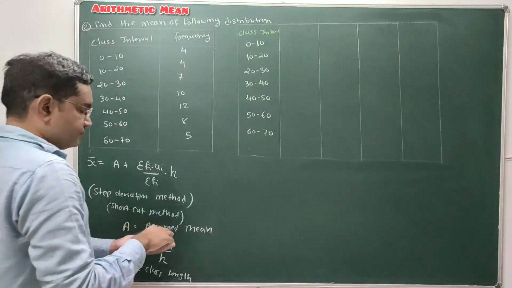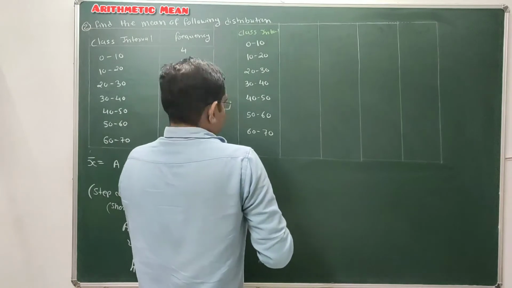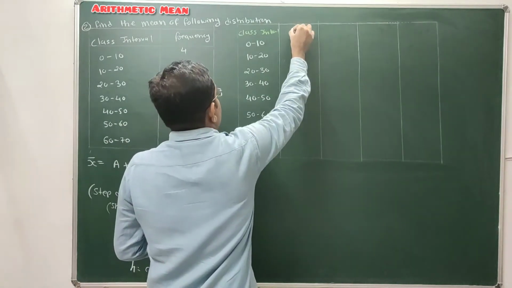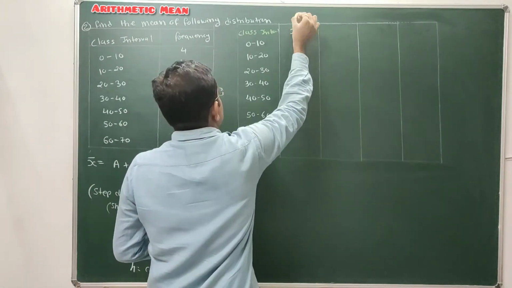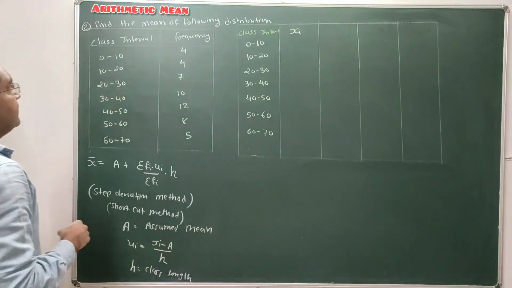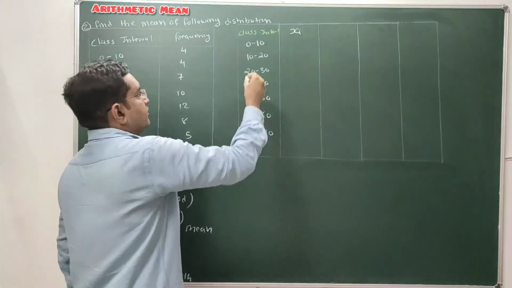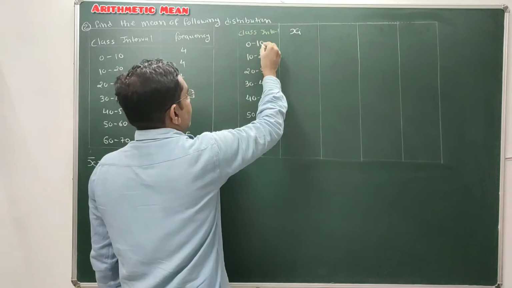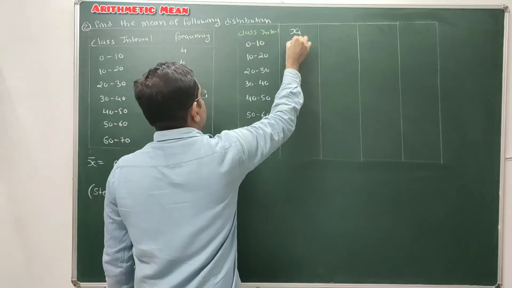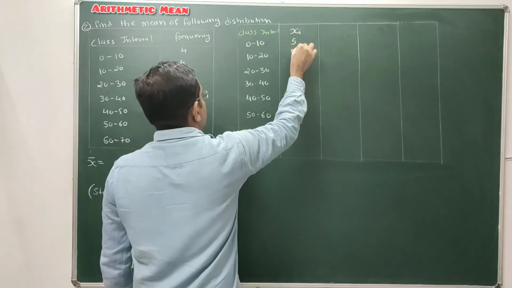Then we require xi. So xi for 0 to 10 is 0 plus 10 by 2, so it's 5. Here it's 15.